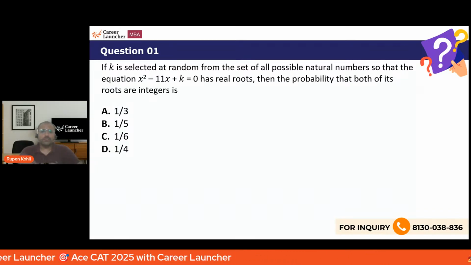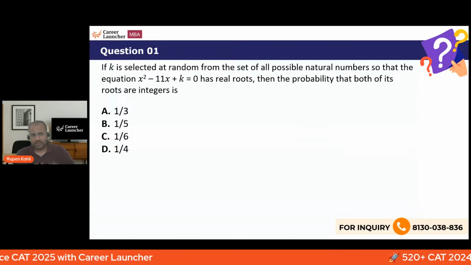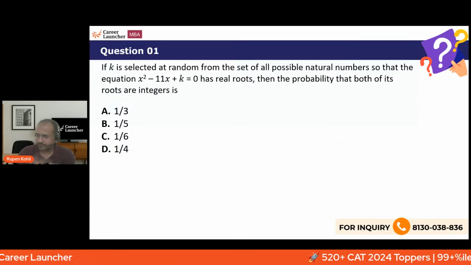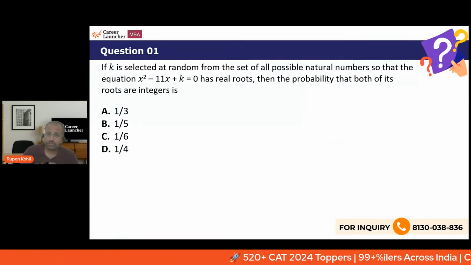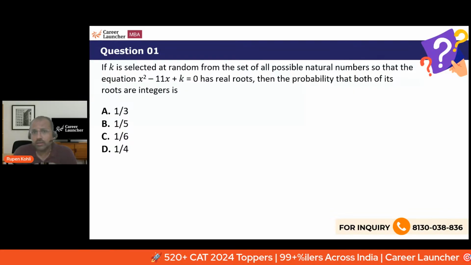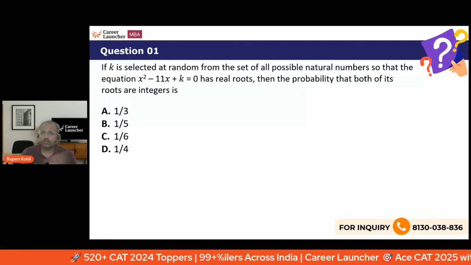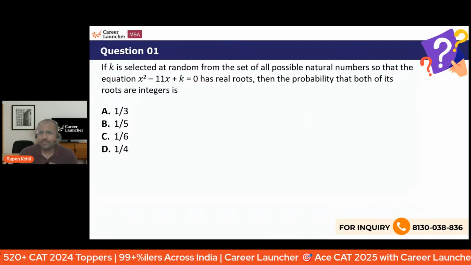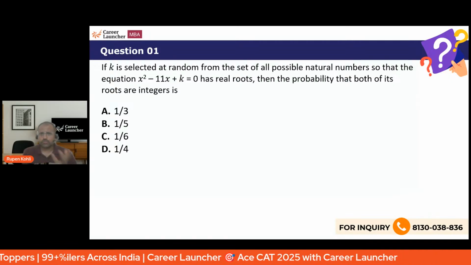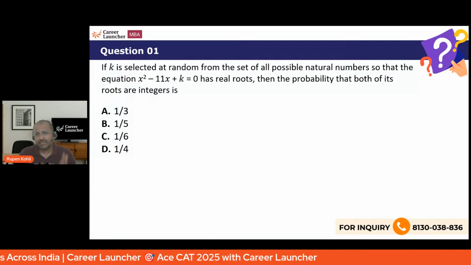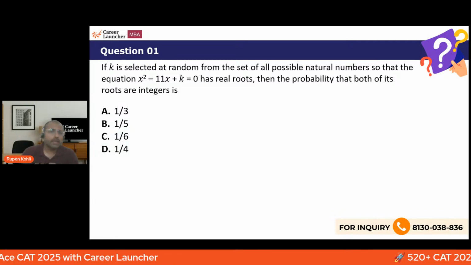So how does probability come into the picture in quadratic? Well, we should always be open to questions which are across multiple concepts, and actually probability is nothing but proportion, the ratio of what is favorable to what is total possibilities.